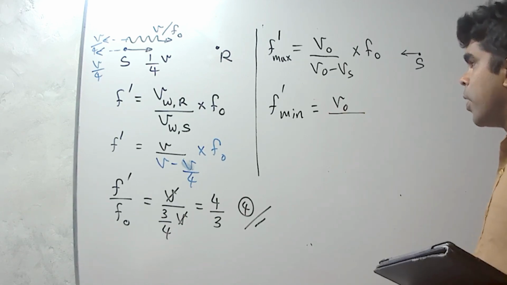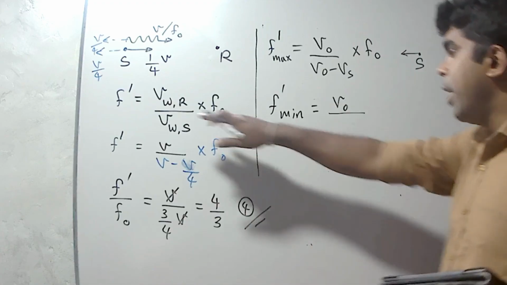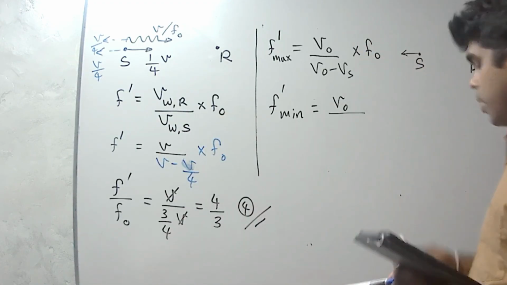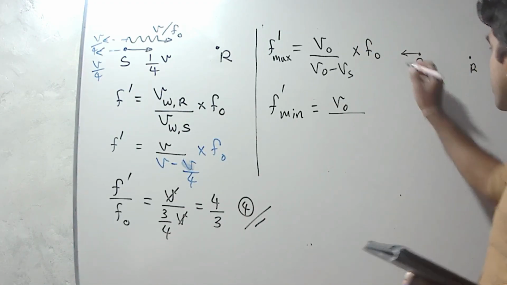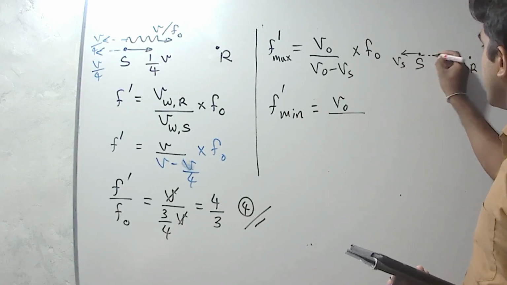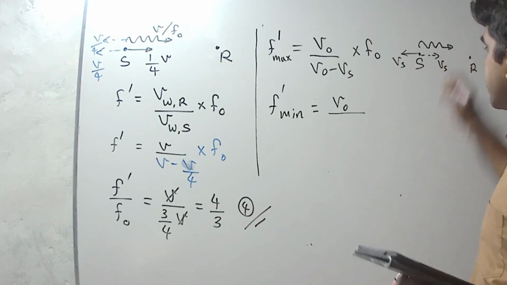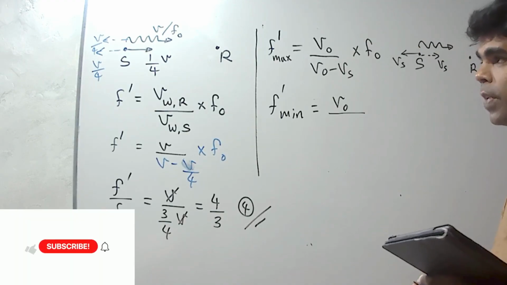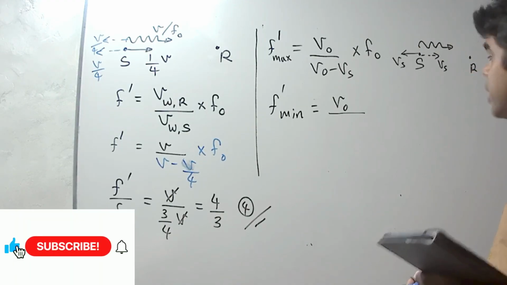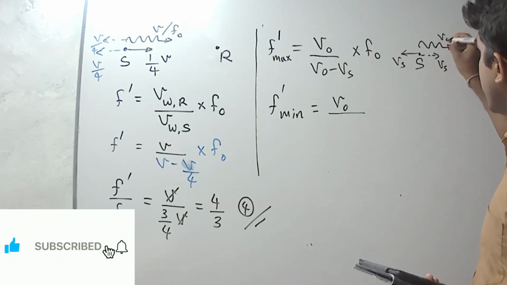When getting the velocity of wave relative to the source, we have to give an opposite velocity for the source, and we are always considering the wave towards the receiver, with velocity V0.